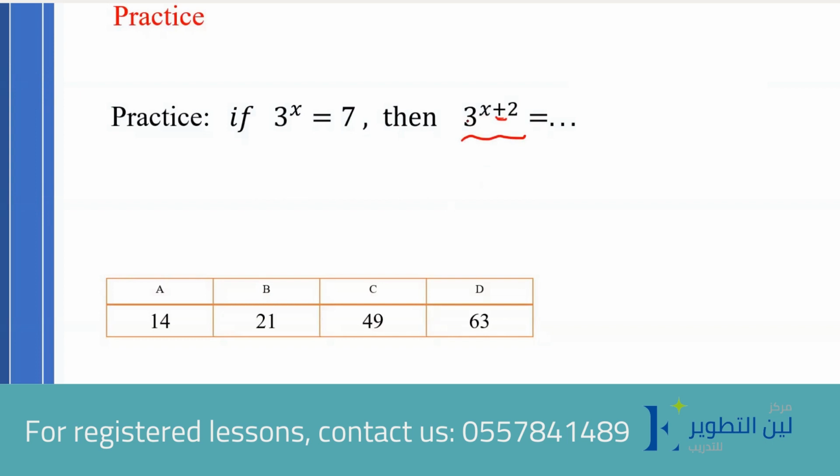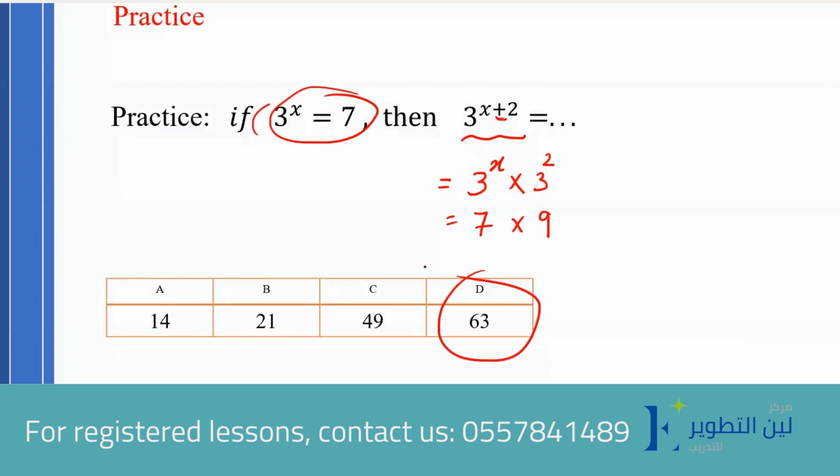So we're going to make it as a product of the base. Addition in the exponent is a product of the base. So this is nothing just 3 to the x times 3 squared. Yes, thank you, Ala. See now? So now I have this one as 7, and this is nothing just 9, so the answer is 6.